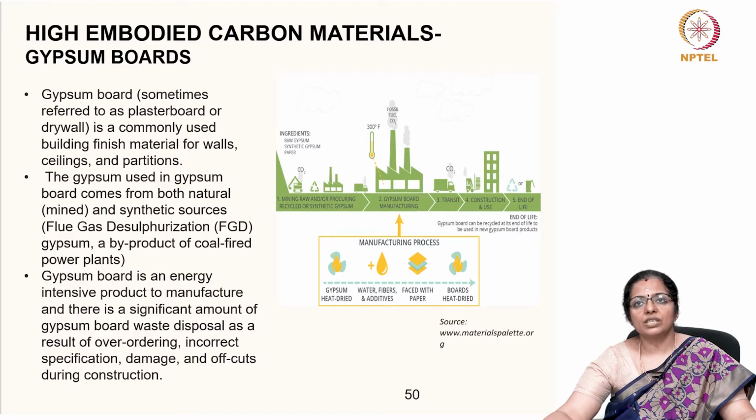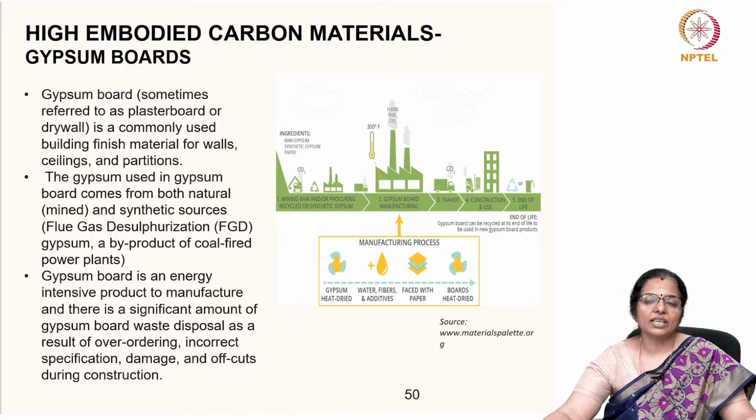The gypsum used in gypsum board comes from both natural sources, which is from mines, and synthetic sources like flue gas desulfurization, etc., as a byproduct of coal-fired power plants. Gypsum board is an energy intensive product to manufacture, and there is a significant amount of gypsum board waste disposal as a result of over ordering, incorrect specification, damage and offcuts during construction.